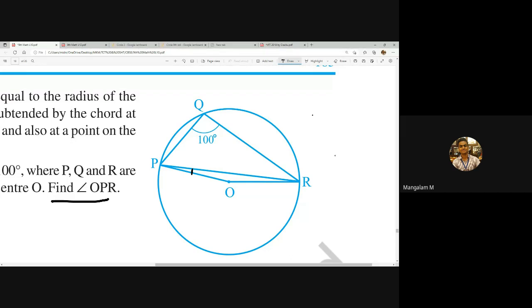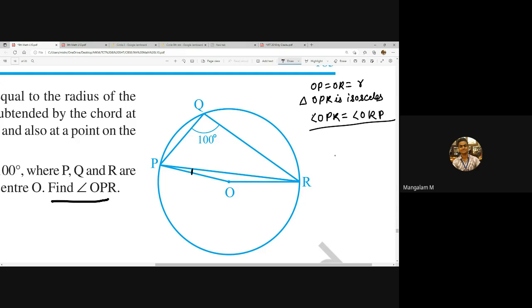So basically you can see that this OP is equal to OR is equal to radius, right? So triangle OPR is isosceles, right? Isosceles, right? So in isosceles triangle, we know that the base angles are equal. So angle OPR is equal to angle ORP, right?